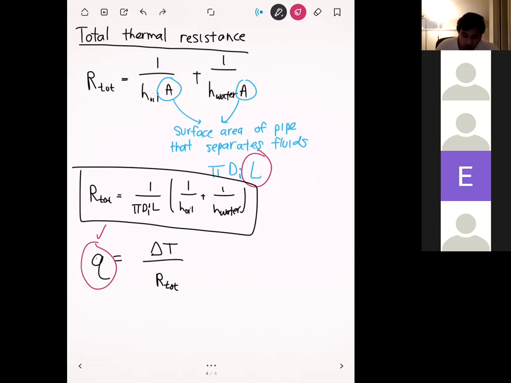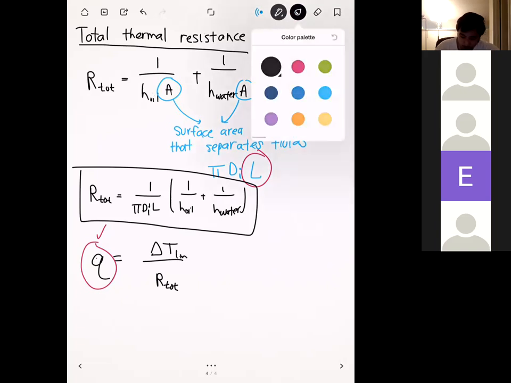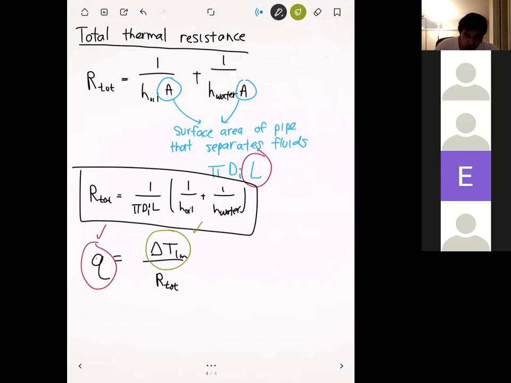Remember, delta T here is not just any delta T, because this is a heat exchanger problem. This delta T is the log mean temperature difference, delta T_lm, and we'll be able to compute everything for that as well. There are still several steps to this problem, but here's the roadmap of where we're going.